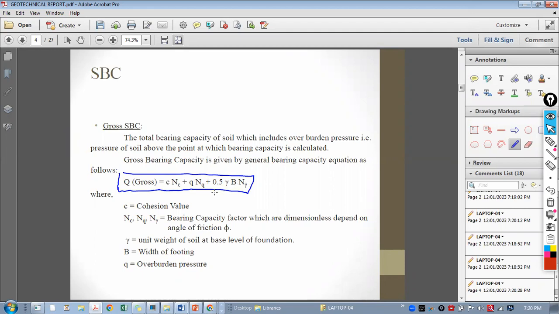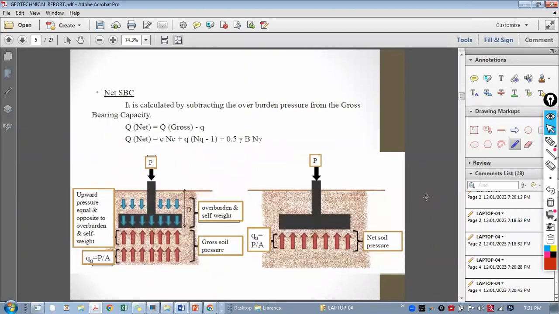So there are many parameters given here on the basis of which they calculate. Depending on the soil properties, they decide the c value, and the q value also they decide. And finally, they give you the soil bearing capacity after these calculations, depending on the underground properties of the different soils.